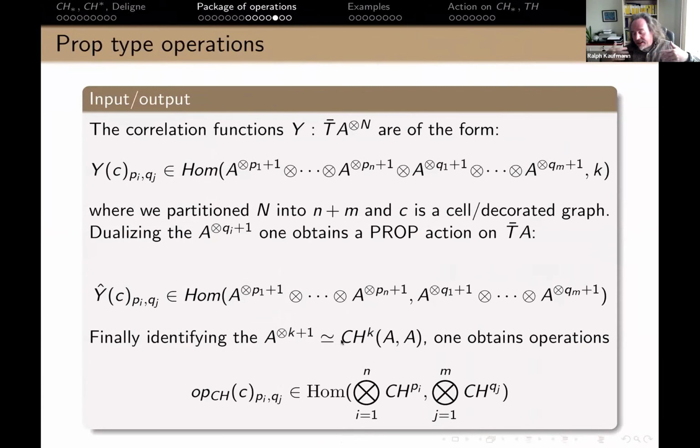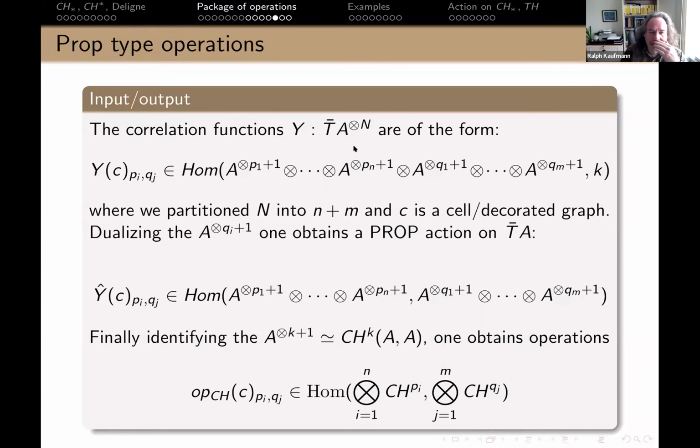Now you can ask for even more. Is there a prop action or something like this going on? This is where the link comes to Sullivan diagrams and to string topology. It goes two ways. First, you do algebra. You say, maybe I want to have a prop, so multiple inputs, multiple outputs. Remember what I just had there was many inputs going to k, just a trace. Very complicated sort of trace.